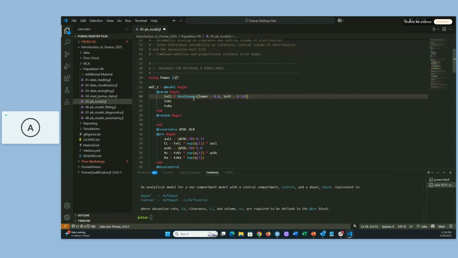And we just need to define these different domains. In most cases within the param block, you are going to use real domain. There are several different types that you can use, and the simplified version to think about for the real domain is that it's going to be scalar parameters.